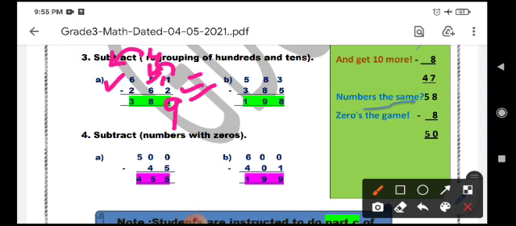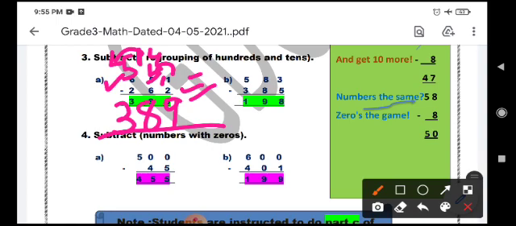We are having 6 hundreds, and it will give 100 to this, and now the number is 14. 14 minus 6 is 8. Now the number here is reduced by 1, and we will write here 5. 5 minus 2 makes 3. This is how we are going to do regrouping of hundreds and tens.